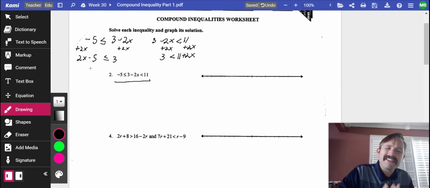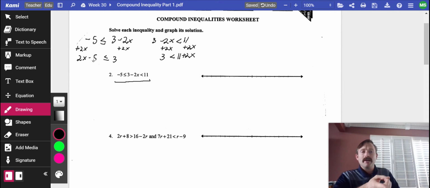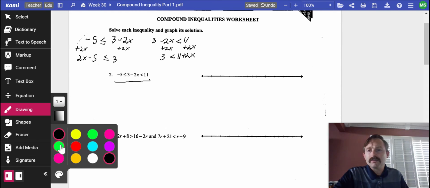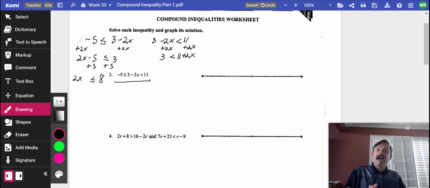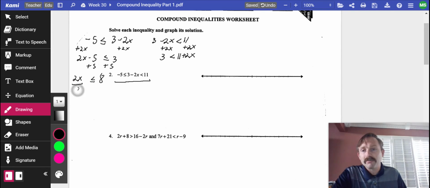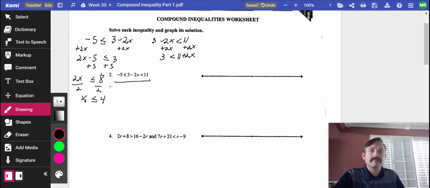Now over here, the opposite of -5 is what? We're going to add 5 to both sides. So we're left with 2x is less than or equal to 5 plus 3, which is 8. And then what is the opposite of times 2? We're going to divide by 2 on both sides, and we get x is less than or equal to 4.